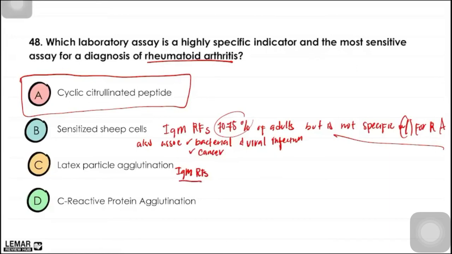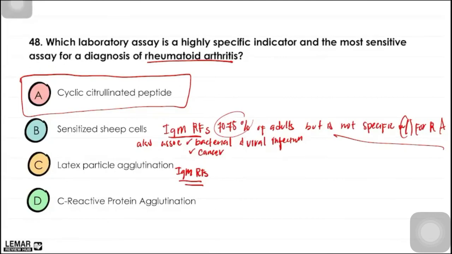Since what we look for using latex particle agglutination is IgM-RFs, which is not specific to rheumatoid arthritis exclusively, this is not as reliable, not as good as the anti-cyclic citrullinated peptide assay.